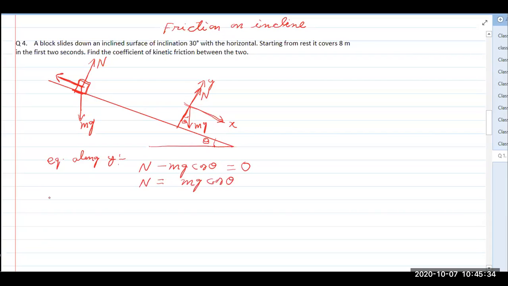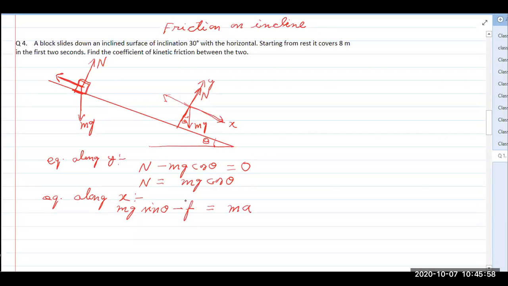Second is the equation along x. Along the x direction, we have the mg sin theta part, and in the opposite direction we have friction. So mg sin theta minus friction equals ma.